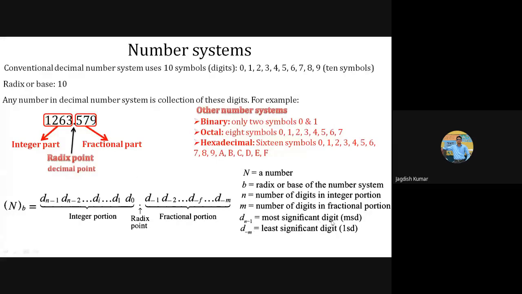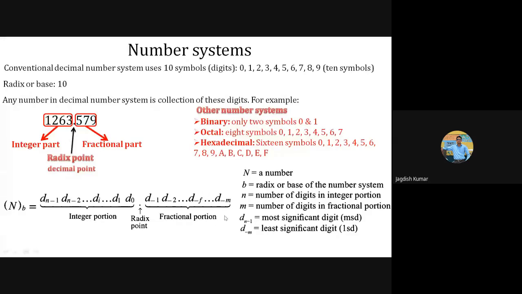That's what we are saying here. In this example, what is the most significant digit? It is 1, because this is sitting at the 1000th place. The place value for 1 is 1000. So this is the most significant digit, as you must have learned in your elementary classes. Similarly, there is something called the least significant digit. What is the least significant digit? It is 9 here.